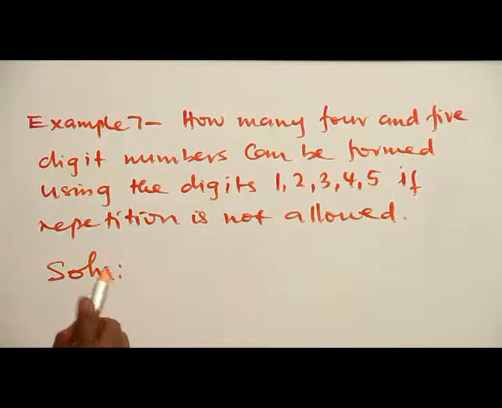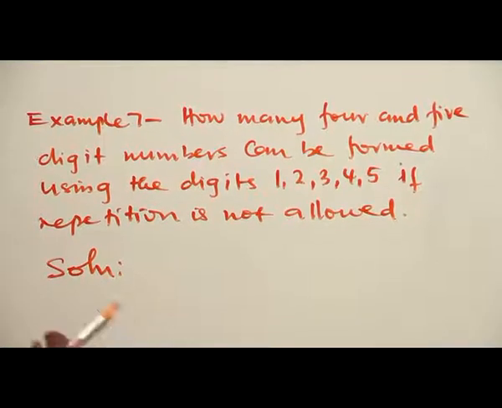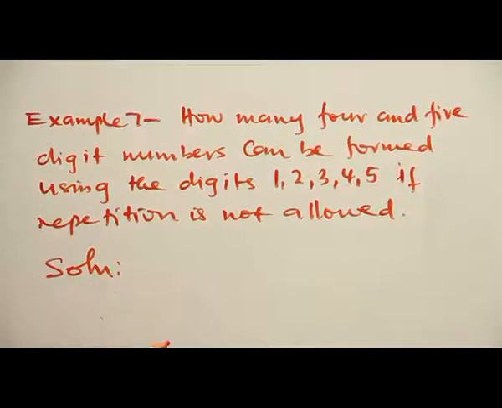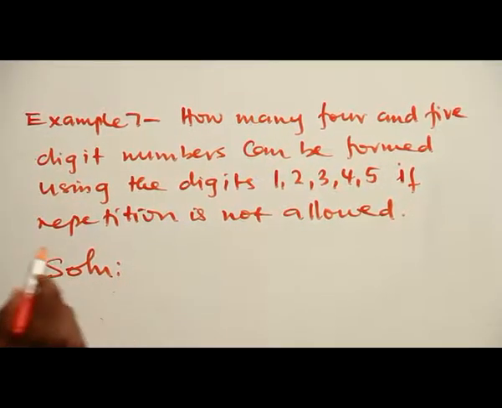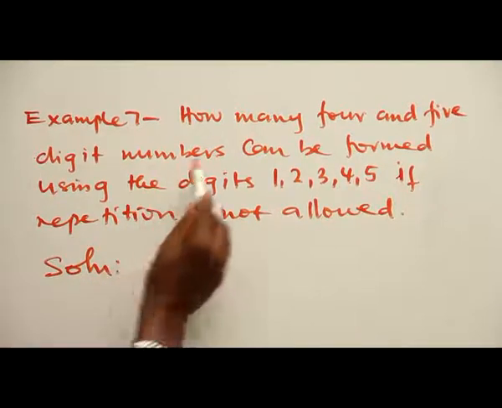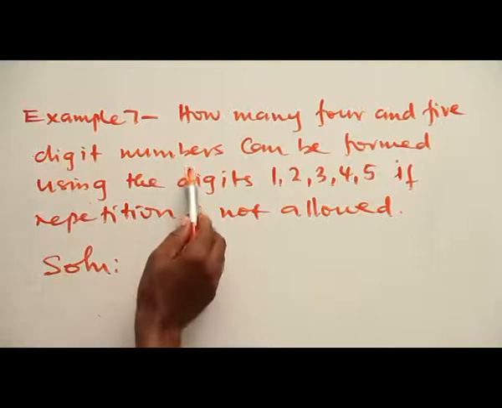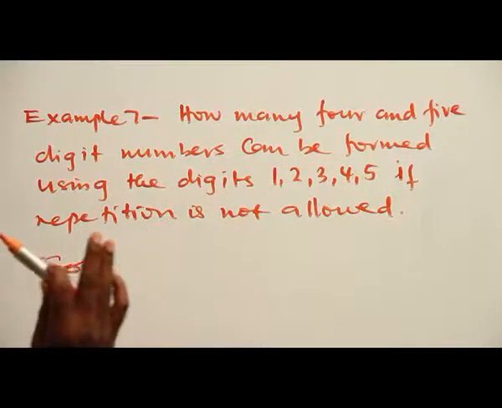I don't want you to relate this to a situation where you can carry out an operation in X ways and carry out another operation in Y ways, and then the 2 operations can be carried out in X times Y ways. No. Look at this carefully. How many 4 and 5 digits? You cannot combine them together.